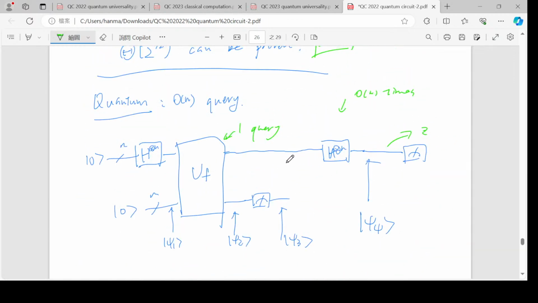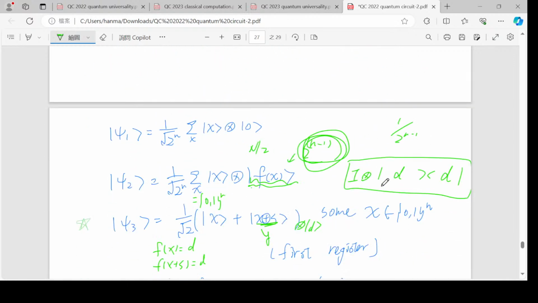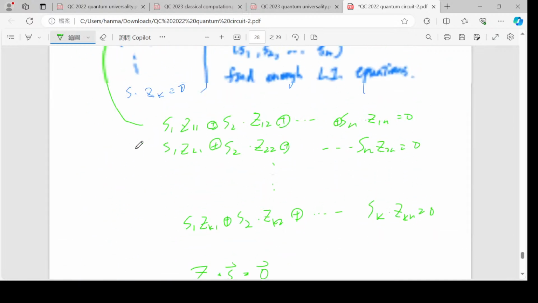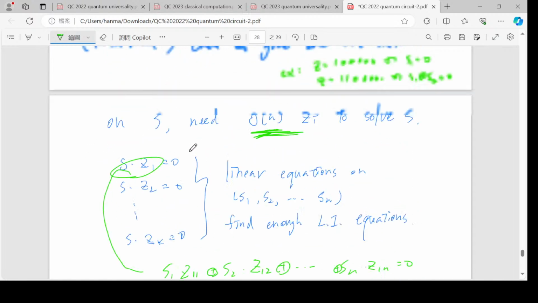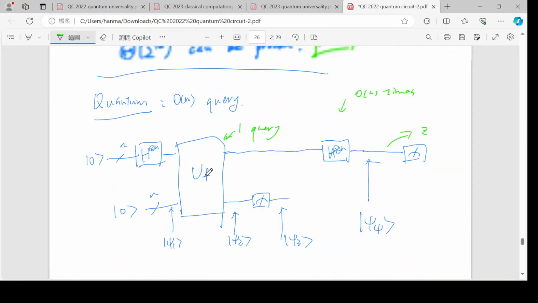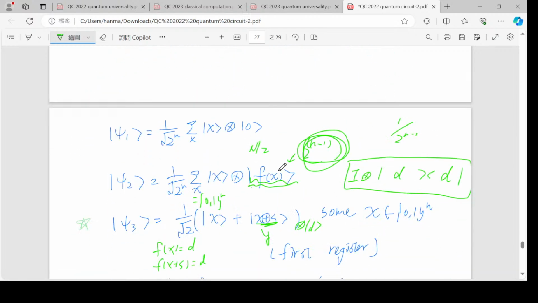You keep getting those random z, and with about order n times, you can solve this linear equation and reconstruct your secret string S. Now this is not deterministic anymore because there is some probability in drawing z. If you get really unlucky, you can keep drawing linearly dependent z and you will not get S. So this is not a zero-error algorithm, but if you draw enough times, you have very high probability to determine your S.